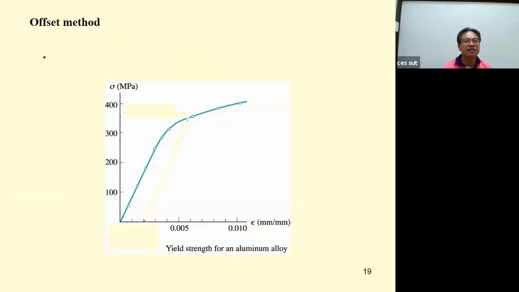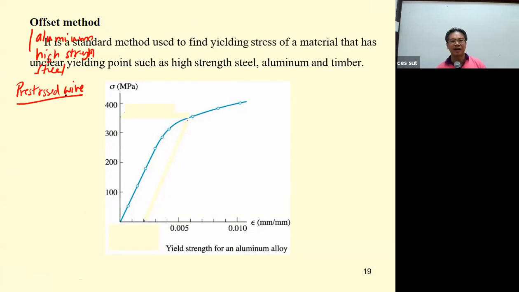Next, there are materials such as aluminum or high strength steel, such as the prestressing wire that we use in prestressed concrete. This material doesn't have a clear yielding point.